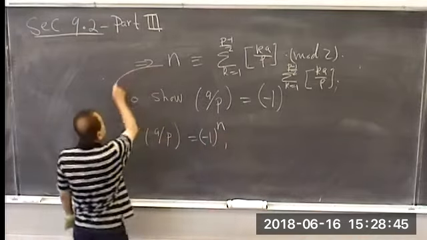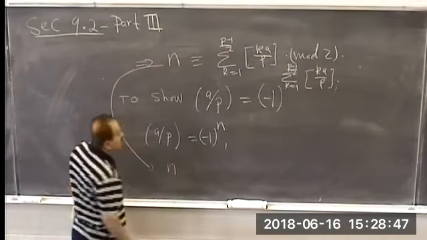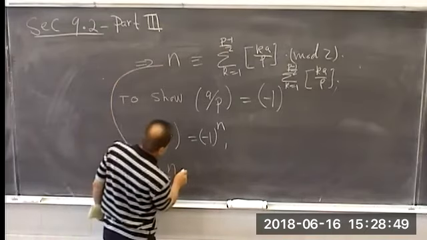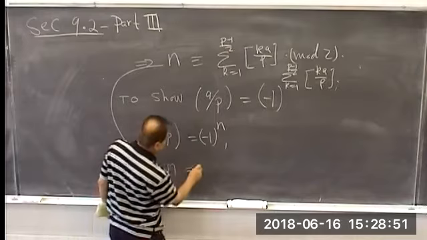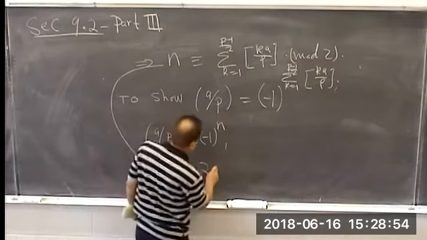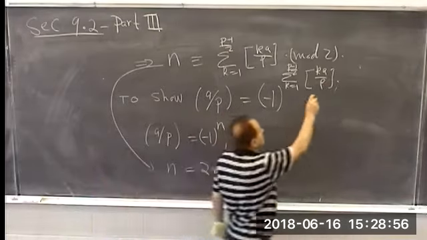But we can turn this into N being equal to 2 times R plus the summation. In other words, change this into an equation.